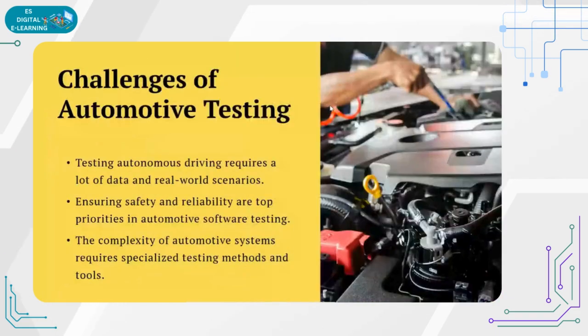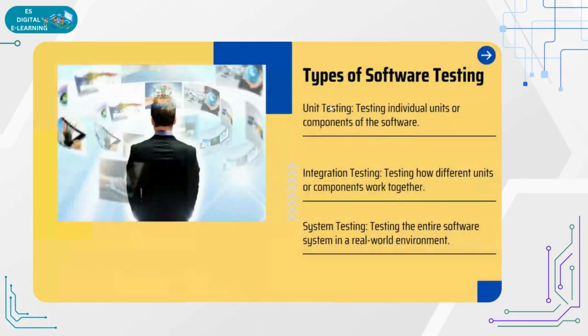Coming to the types of testing, we usually do unit level testing, which means testing individual components or software. Integration testing is where we integrate different units and components to work together. System testing is where we test the software in a real-world environment. These are some of the types of testing we usually follow.